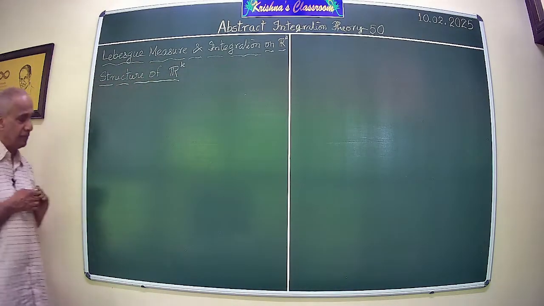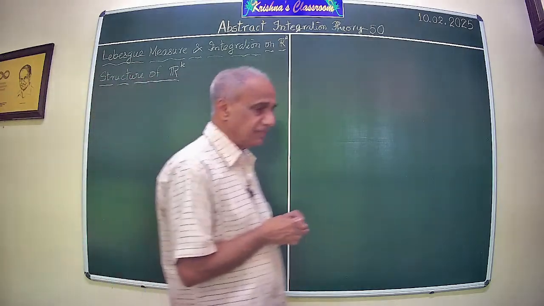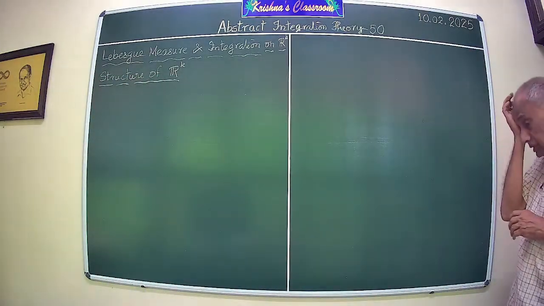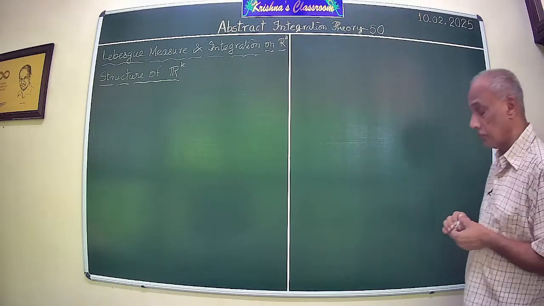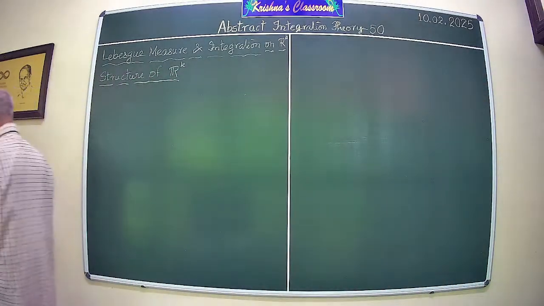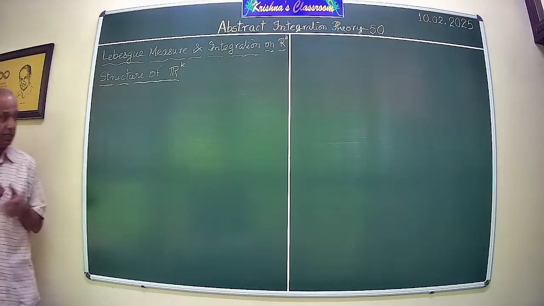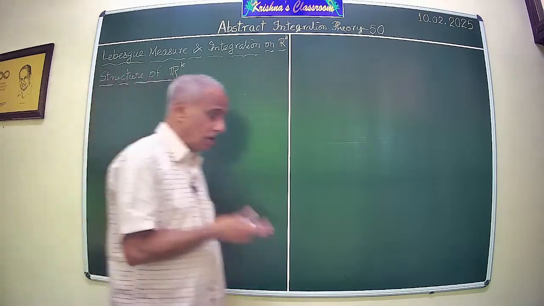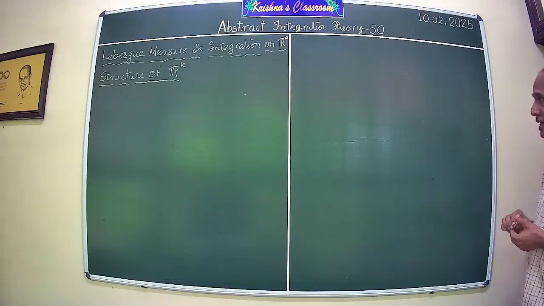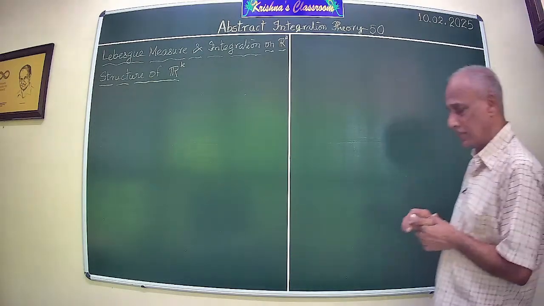Now, what we are going to do in this lecture is to explore how this idea can be made use of to introduce Lebesgue measure on R^k and Lebesgue integration theory, and subsequently develop the Lebesgue integration theory.